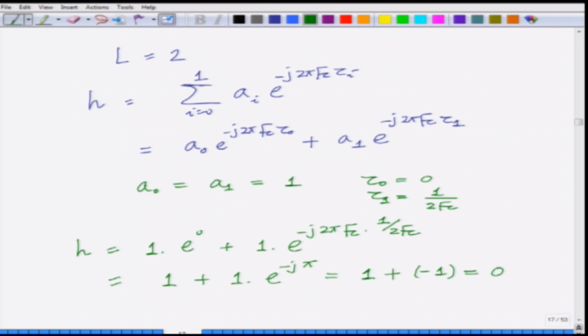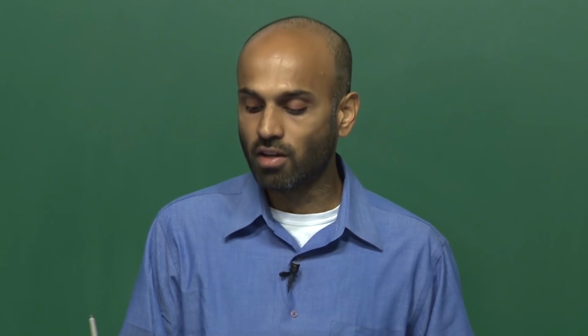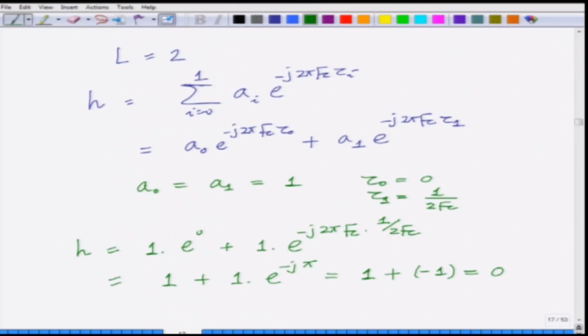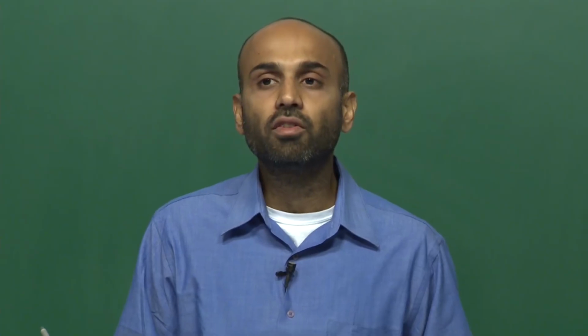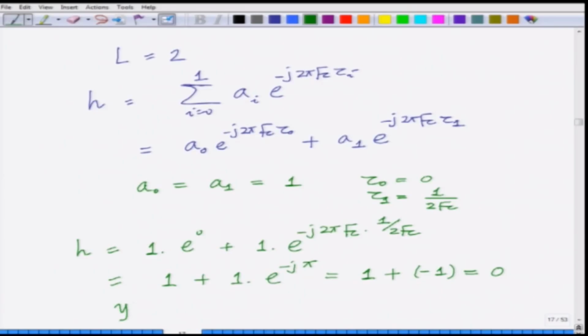So, the channel coefficient h reduces to 0, and you can see that because both components have equal amplitude 1 and a phase that is exactly the opposite of each other. One has a phase of 0, the other has a phase of pi, and therefore these components cancel each other. As a result, the channel coefficient h is 0, and therefore the received signal y of t, which is h times S of t, equals 0 times S of t equals 0.